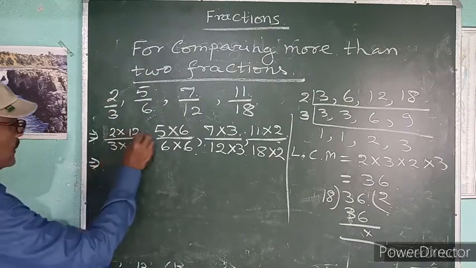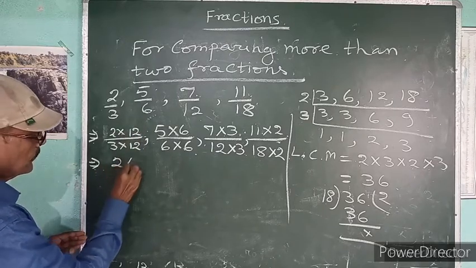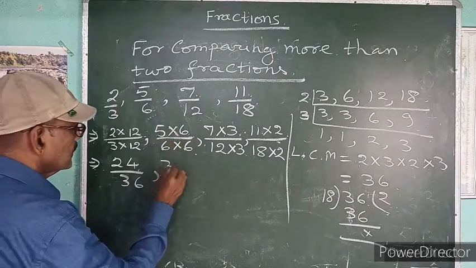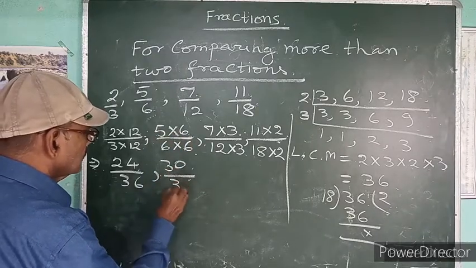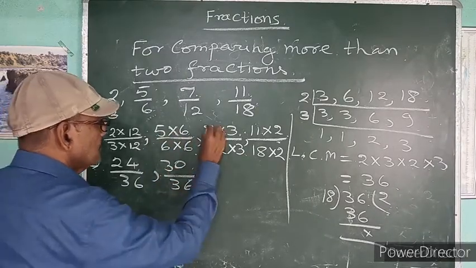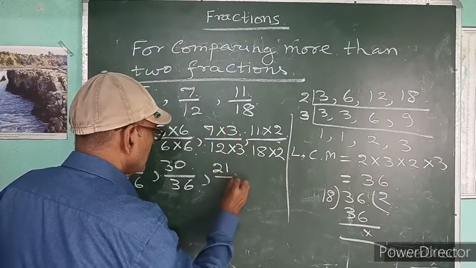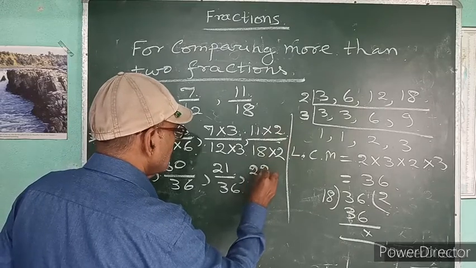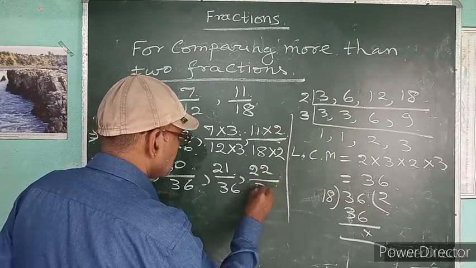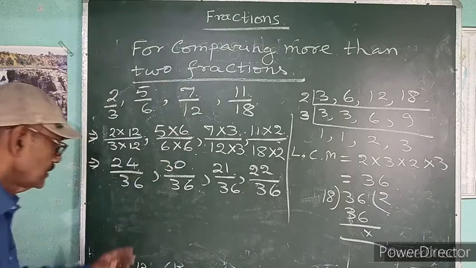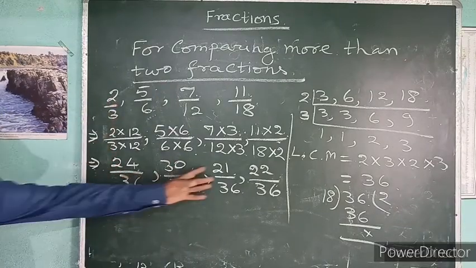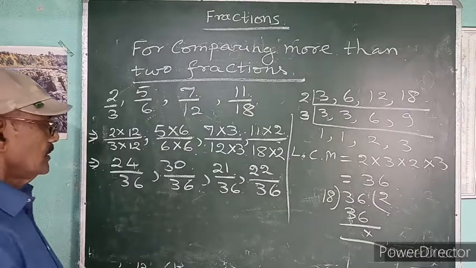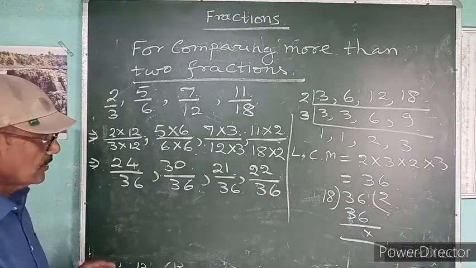So the fractions become like this: 24 by 36, 30 by 36, then this is 21 by 36, and this is 22 by 36. They are like fractions. Now we can compare them easily. We can write them in ascending order.